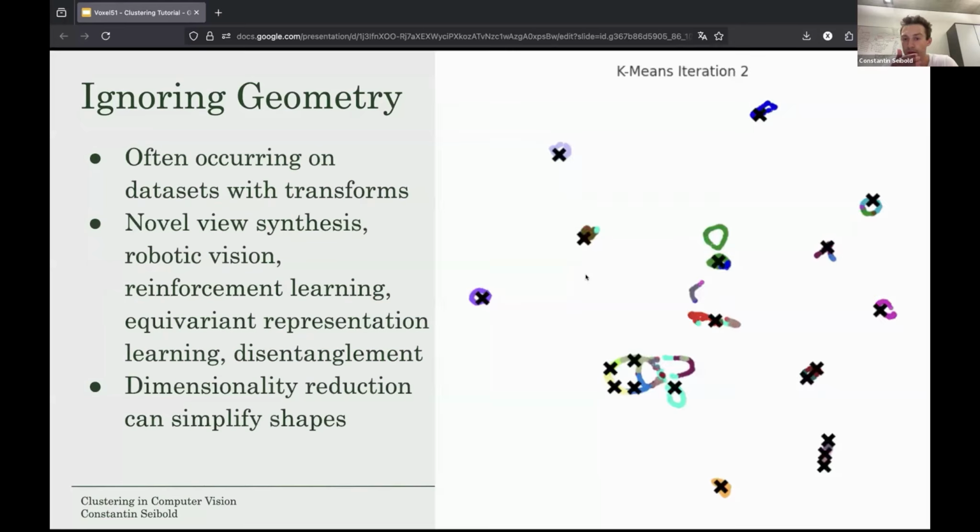For example, here we can see that k-means typically ignores these ring-type shapes in the latent space of the individual samples, and might even cut up or assign multiple clusters to the same object, even though they might just be different in terms of rotation or similar.